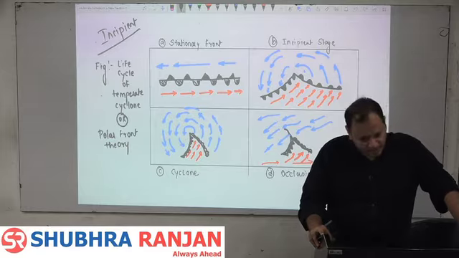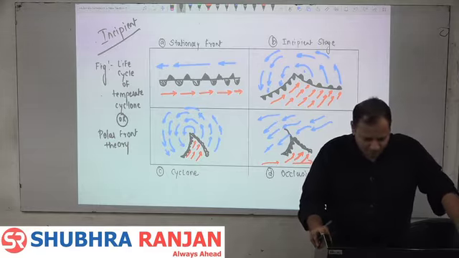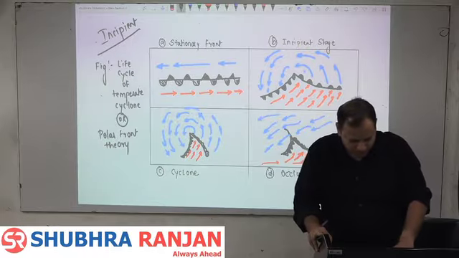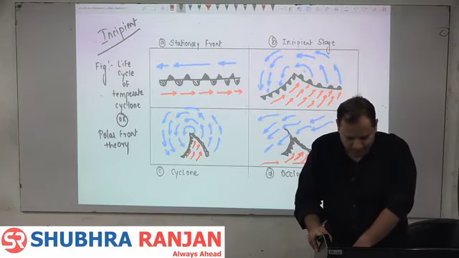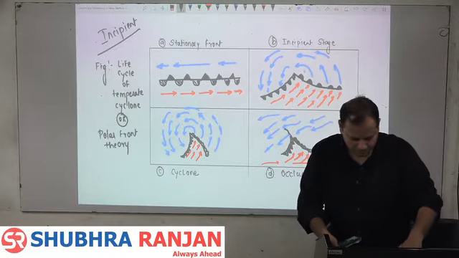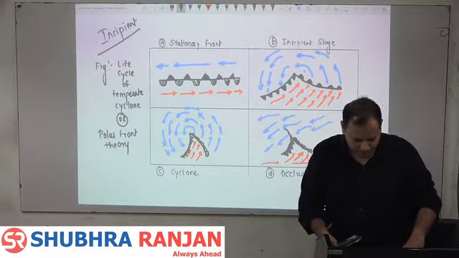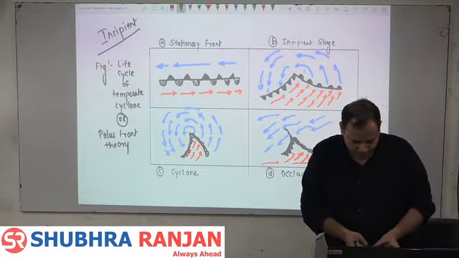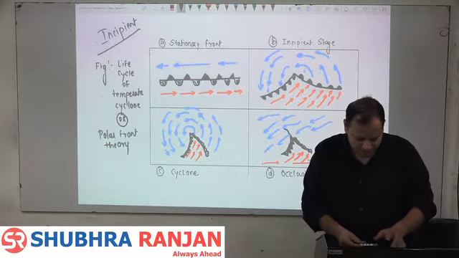This classical theory is very useful in understanding the cyclone pattern as well as movements.